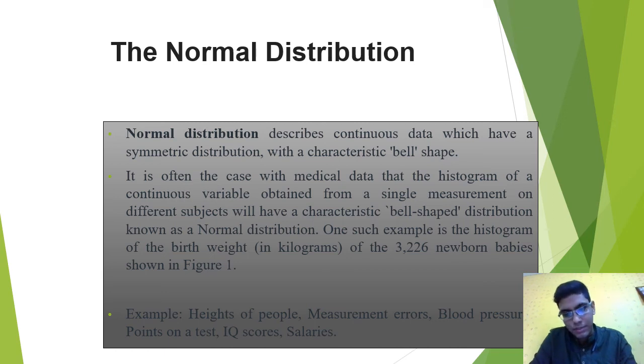For example, the histogram of the birth weight in kilograms of the 3,226 newborn babies is shown in figure 1. Now I'll show you the figure. For other examples of normal distributions, there are heights of people, measurement errors, blood pressure, IQ scores, salaries. So these are real numbers.